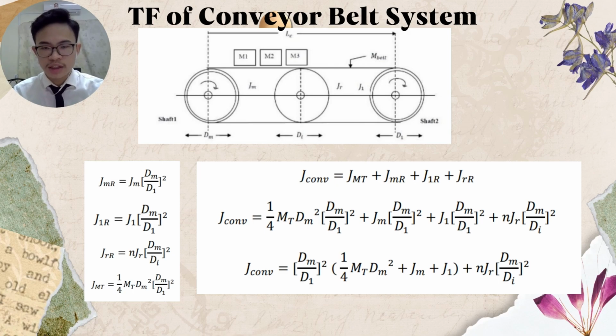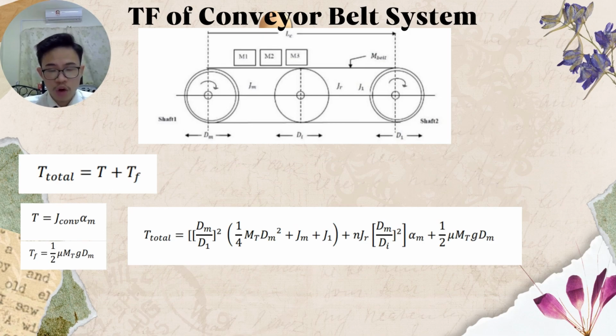The third equation is for the idler mass inertia to shaft 1. The last equation is for the force required to accelerate mt, related to torque about the motor shaft. On the right hand side, after summing all the equations on the left, we get that J conv is equal to the expression shown in this slide.